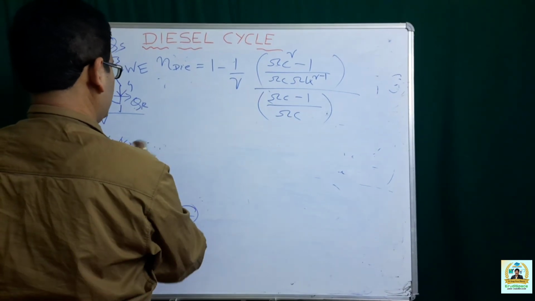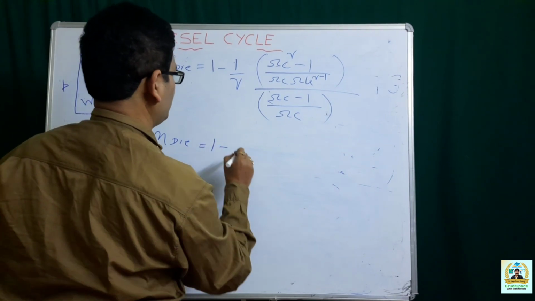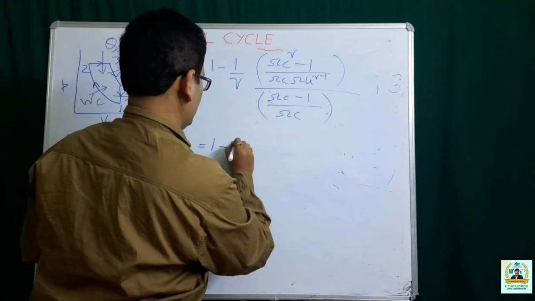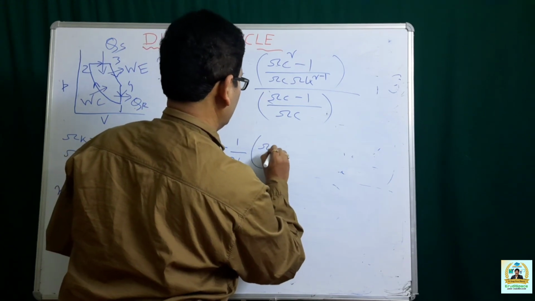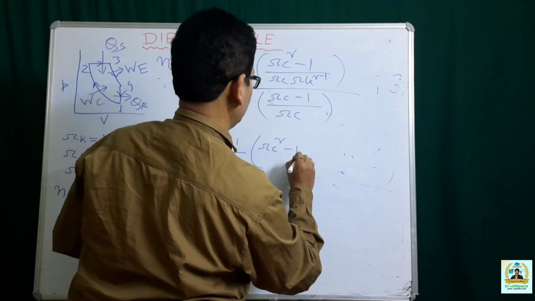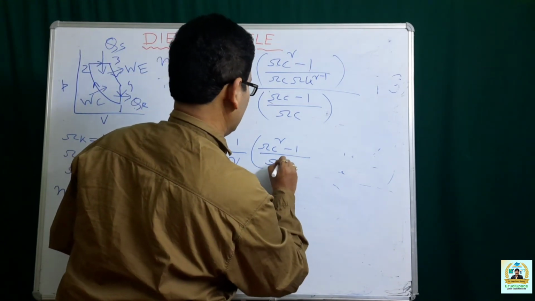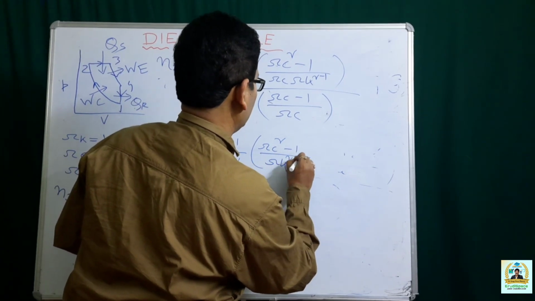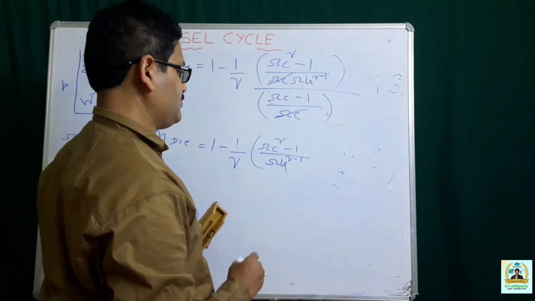So now the efficiency of the diesel cycle becomes 1 minus 1 by gamma into Rc to the power gamma minus 1 divided by Rk to the power gamma minus 1, because this Rc will cancel out this one.